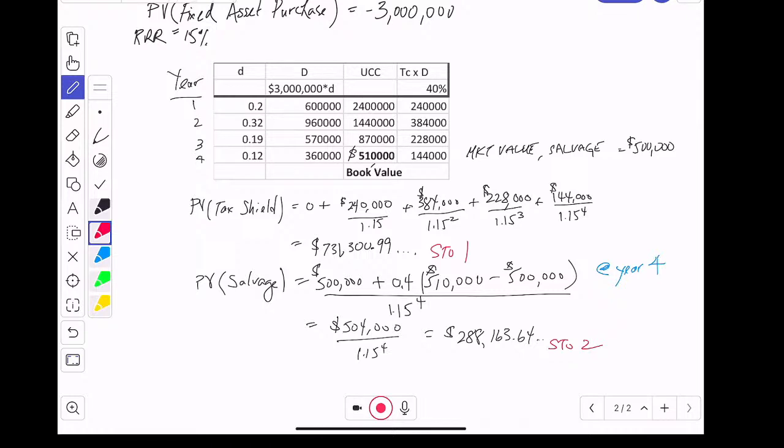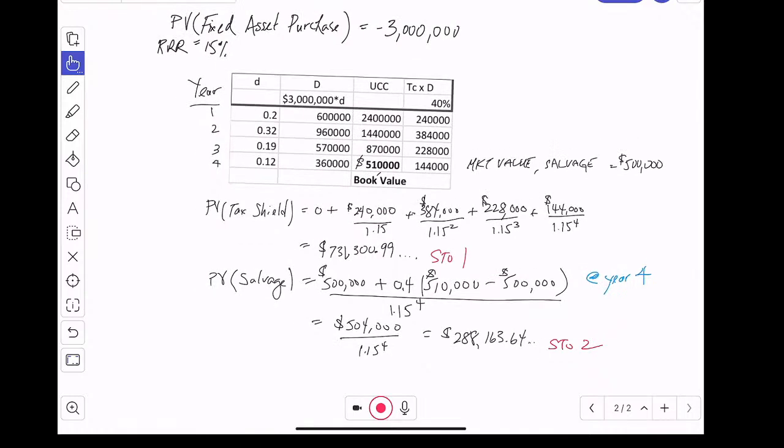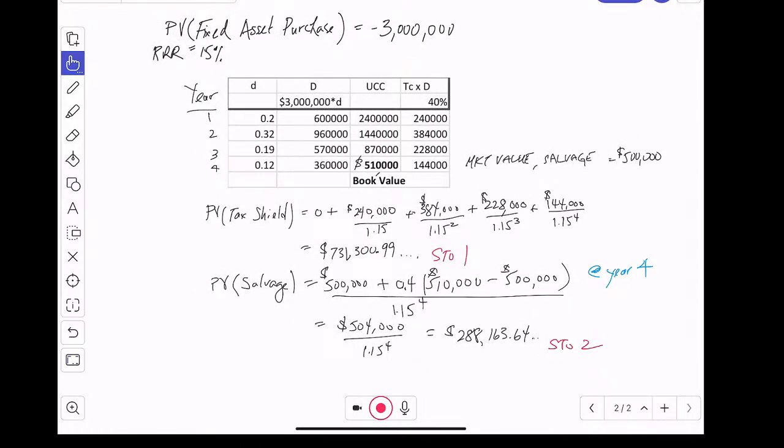Need to put that together with the fixed asset purchase of $3 million, and you have the net present value of buying. It's $3 million.